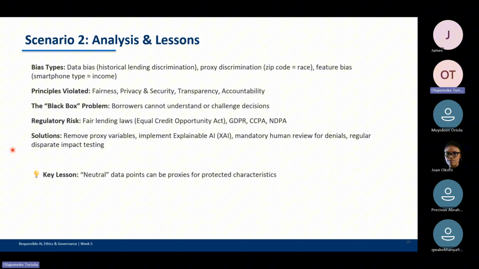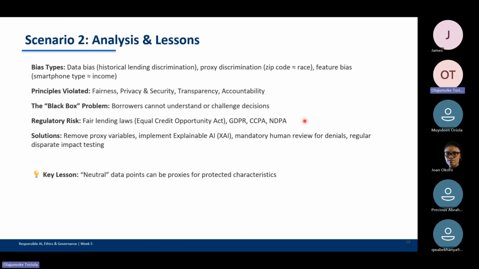Now you have the black box problem, where borrowers cannot understand or challenge decisions. It is not transparent because it's not explainable, and at the end of the day nobody can challenge it. The regulation risk: fair lending laws, where the Equal Credit Opportunity Act is also violated.